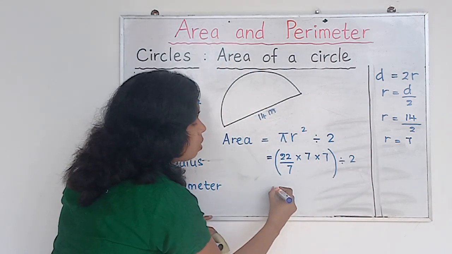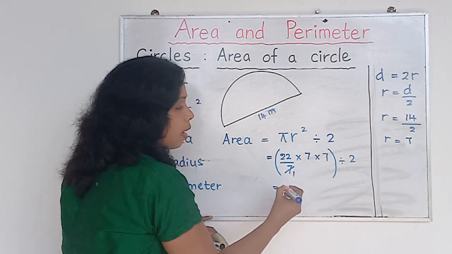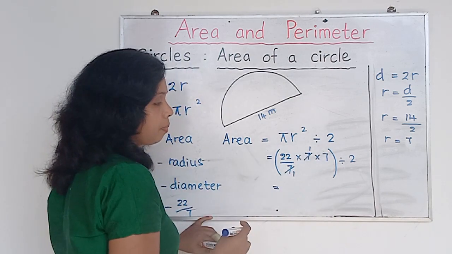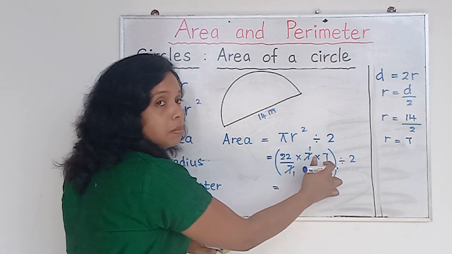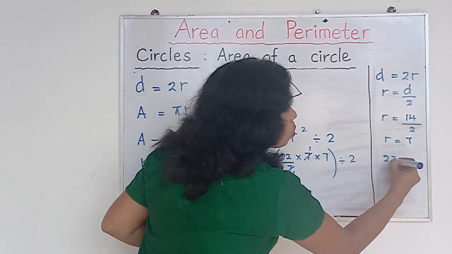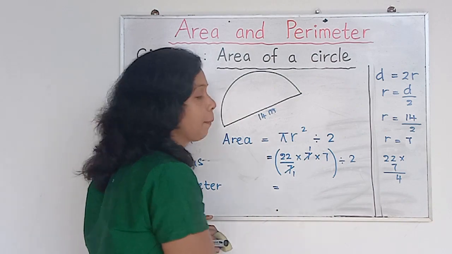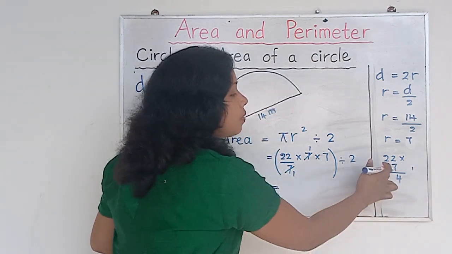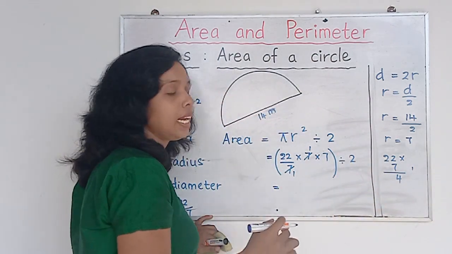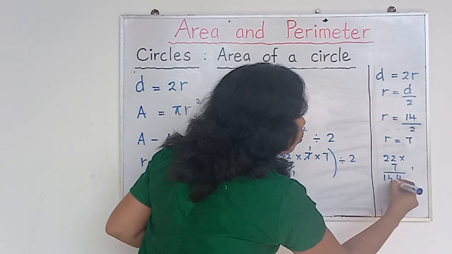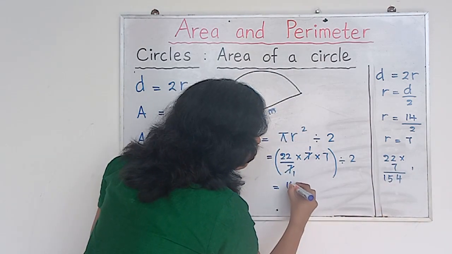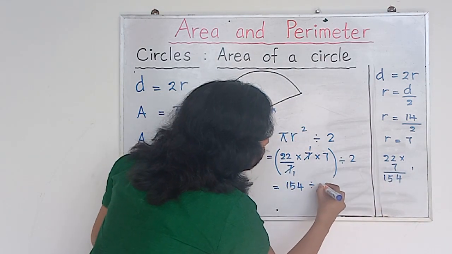And this whole thing divided by 2. Right? Okay. Now check this. 7 times 1. 7 times 1. Then 22 times 7. 7 times 2, 14. 1 remaining. 7 times 2, 14. Plus that 1, 15. 154 divided by 2.